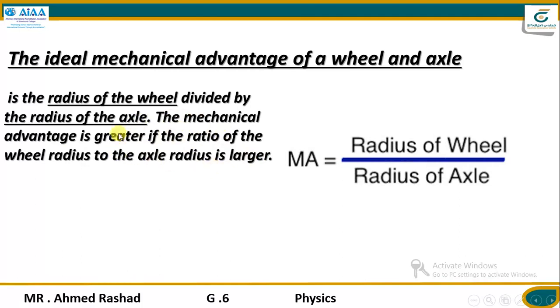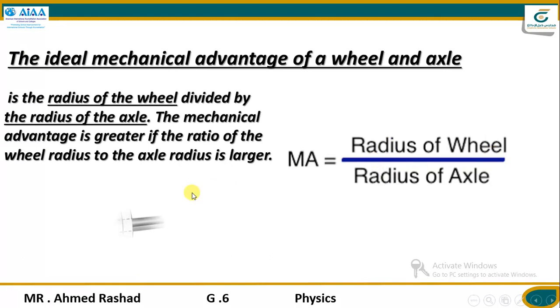So the mechanical advantage, MA, of a wheel and axle is found by dividing the radius of the wheel by the radius of the axle. If this number is higher or larger, the mechanical advantage is larger.